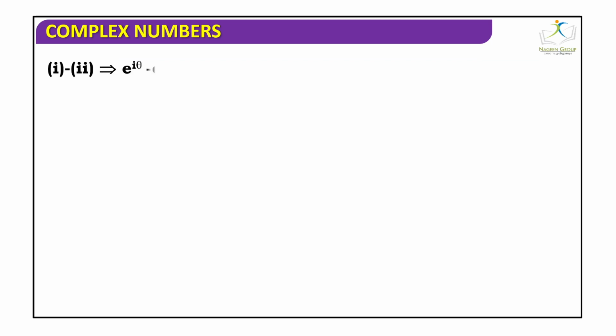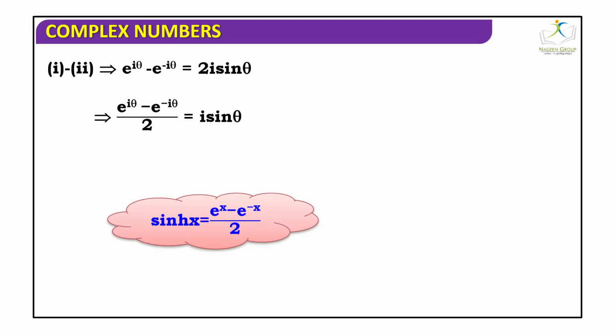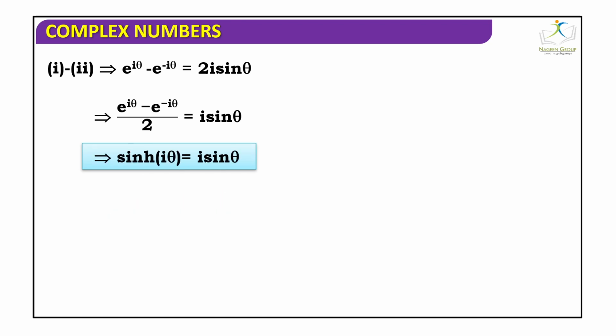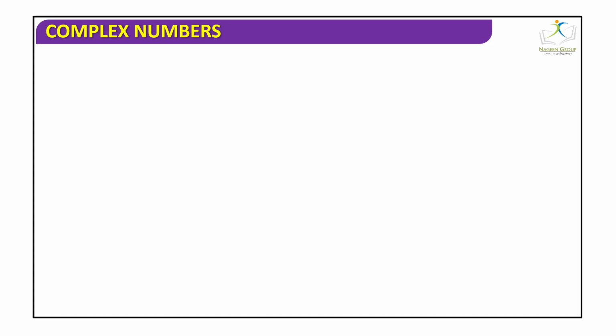Here, subtracting the first and second, we get 2 iota sin theta. Now this is the formula of sine hyperbolic x. So we write sine hyperbolic iota theta equals iota sine theta. If we have any value with a hyperbolic function, simply this iota comes out and then sine theta, right? So don't get confused if you have any hyperbolic function.